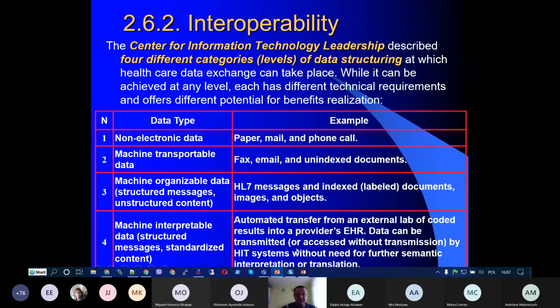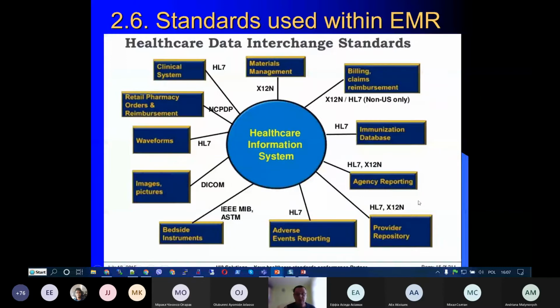But they have at least added HL7 compatible metadata. Here is a general list of the most common standards involved and dedicated for various types of data exchanging and interchanging. The slide represents those standards.